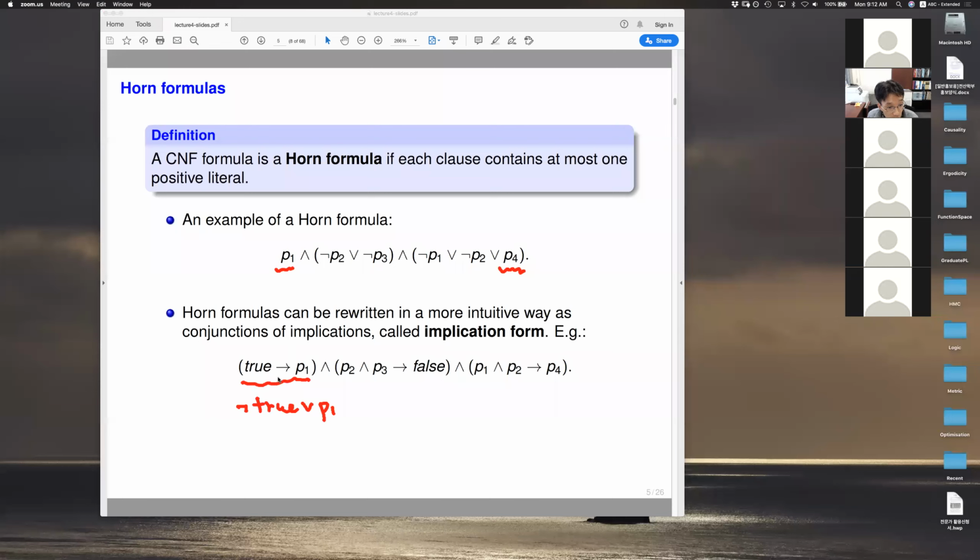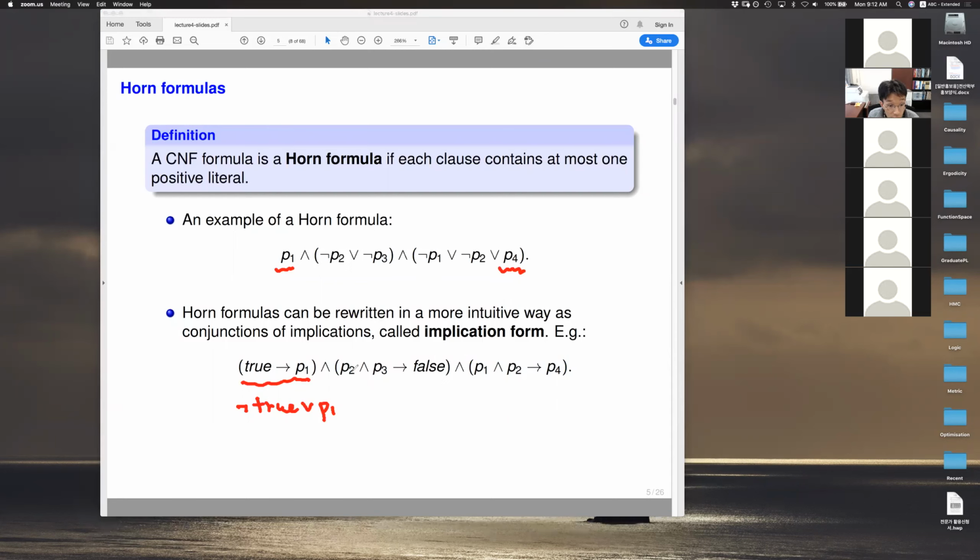So P1 can be written as an implication, where the left-hand side of the implication is true and the right-hand side is P1. This part also corresponds to the second clause that you see in the Horn formula. So if you rewrite this, it is the same as the negation.